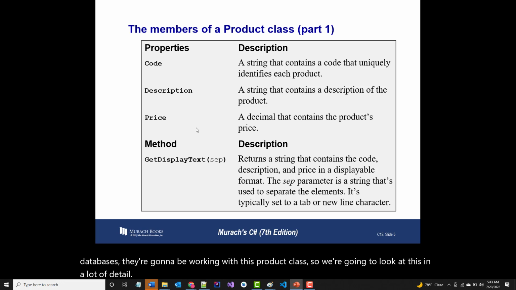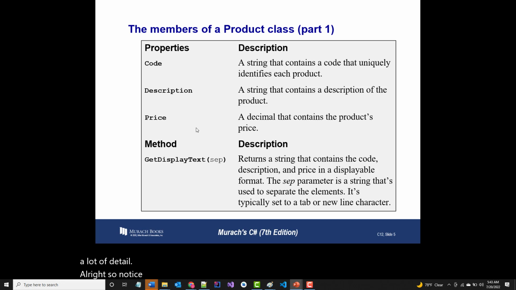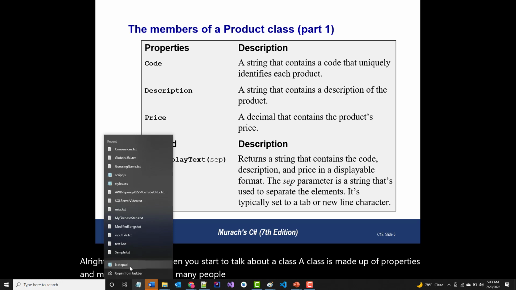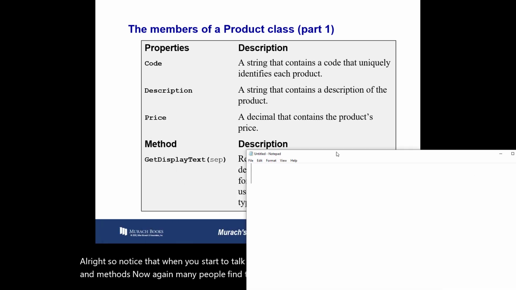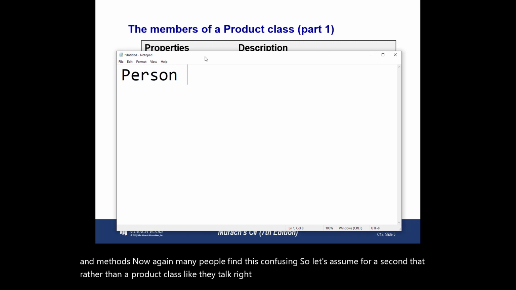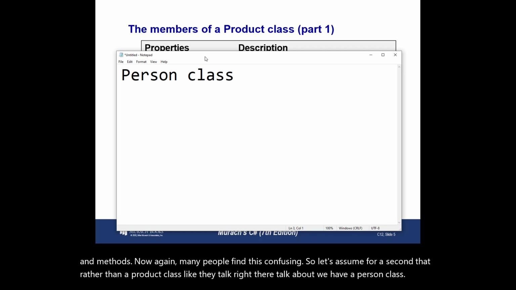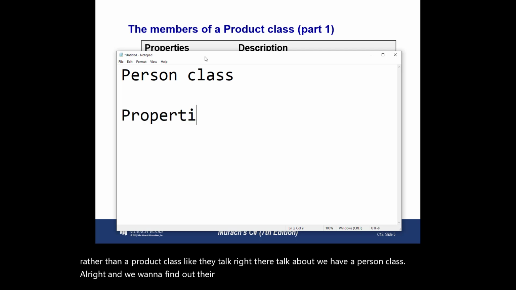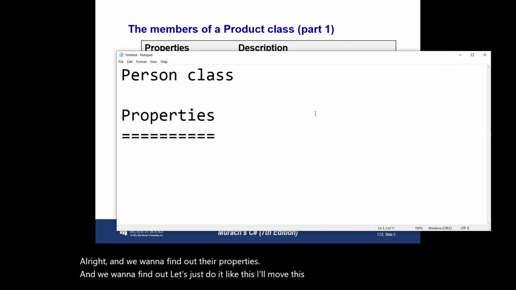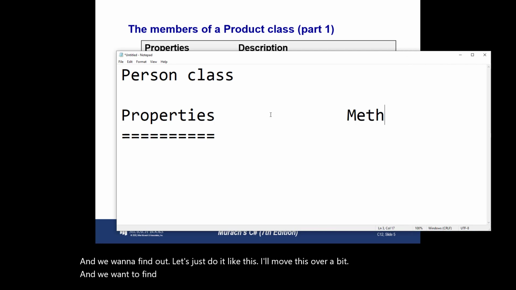All right. So notice that when you start to talk about a class, it's made up of properties and methods. Now, again, many people find this confusing. So let's assume for a second that rather than a product class, like they talk about, we have a person class. And we want to find out their properties, and we want to find out about their methods.